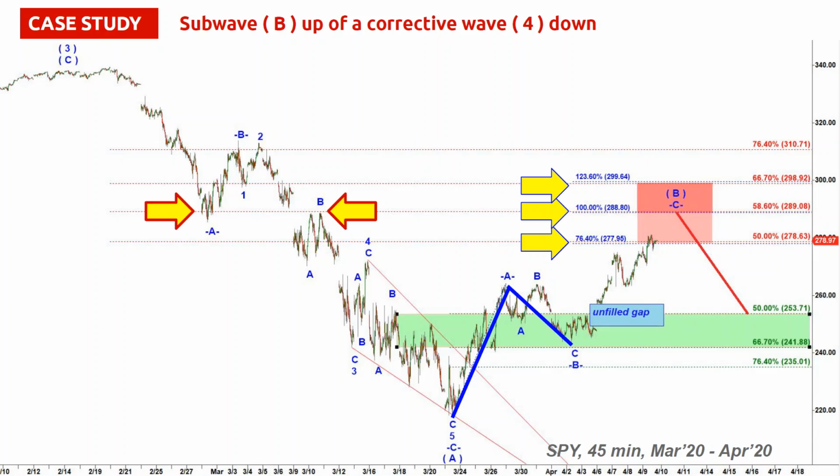Now we can look at ES mini on the micro chart. Remember I told you we need to be able to count 5 microwaves inside that subwave C before we can count that wave B up completed. And here you can see I added those micro labels 1, 2, 3, 4, and 5, and it's tagging that red target zone.